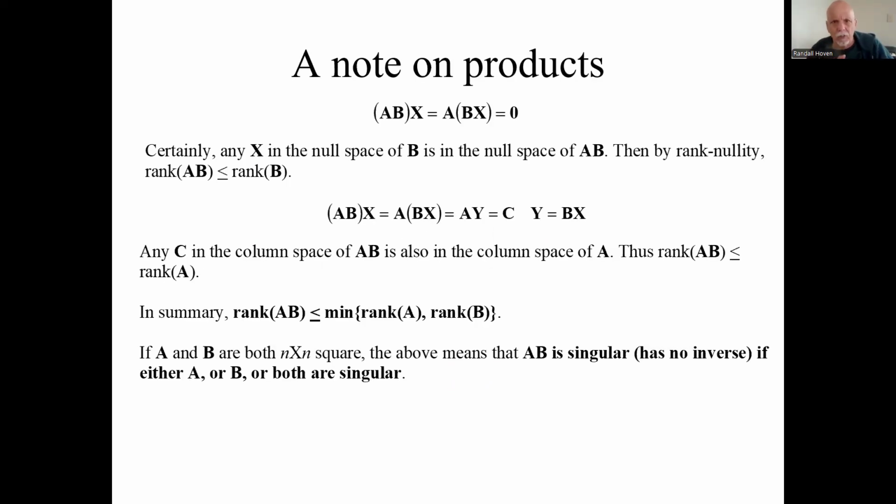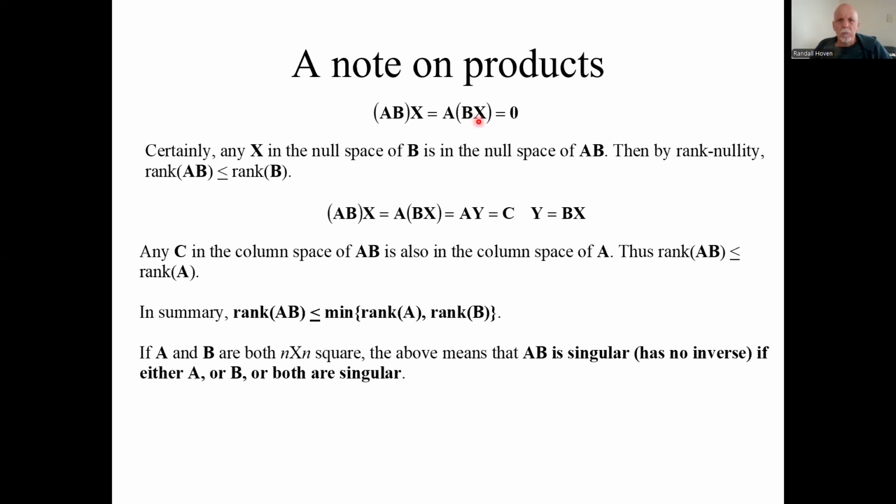Now, let me get to this little fact. I have this product, AB. I'll put it in AB times x equals 0, right? Well, by the associative property, I can look at that as A times Bx.